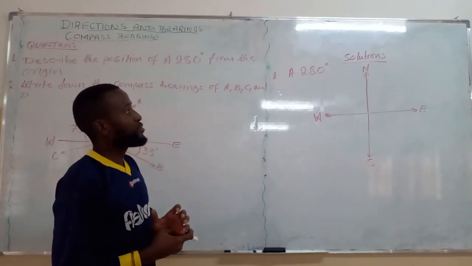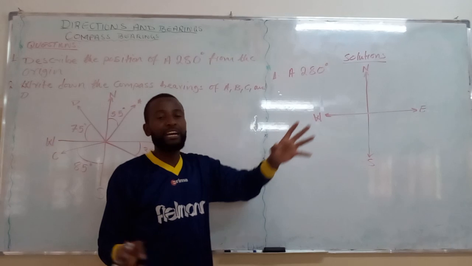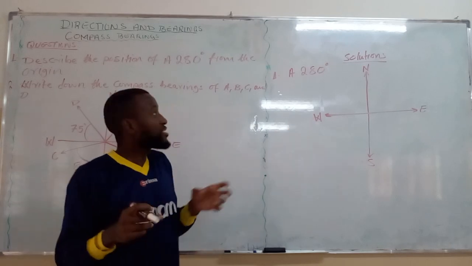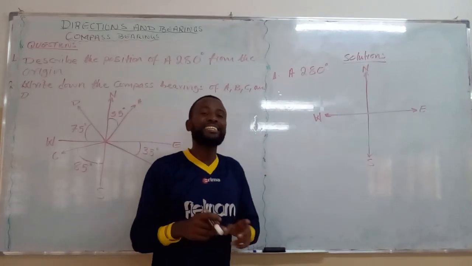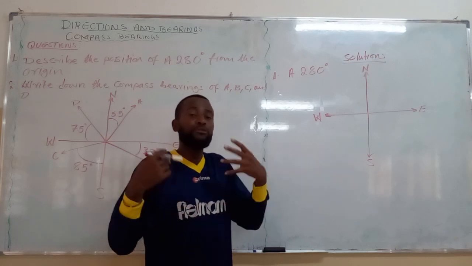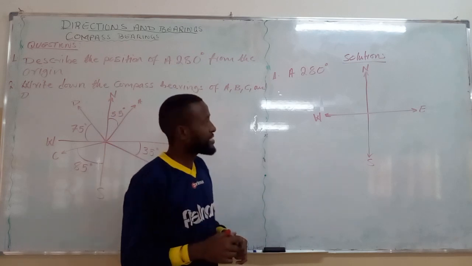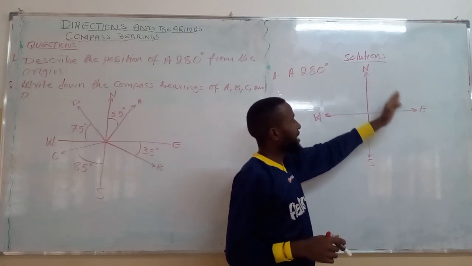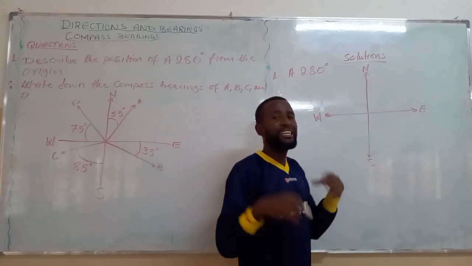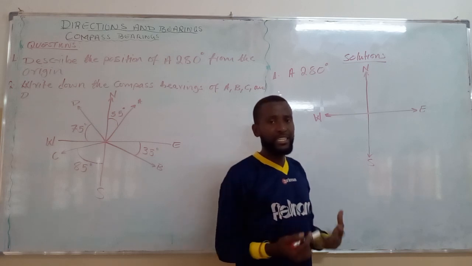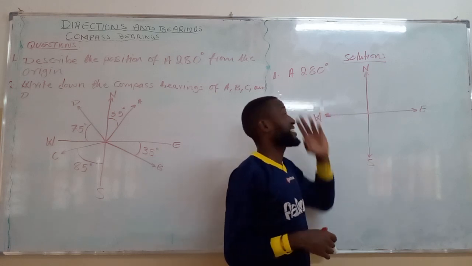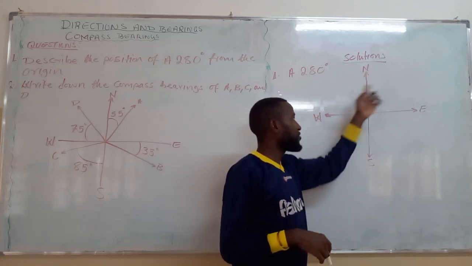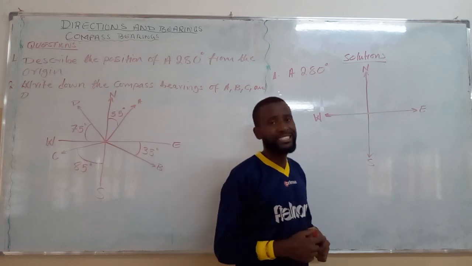Now, they are telling us that we should find this point. When they say describe, they are simply telling us to say where this 280 degrees will be. We are going to name it at the end. We know that each direction, from north to east, what divides in between is 90 degrees, and the whole circle makes up 360 degrees.